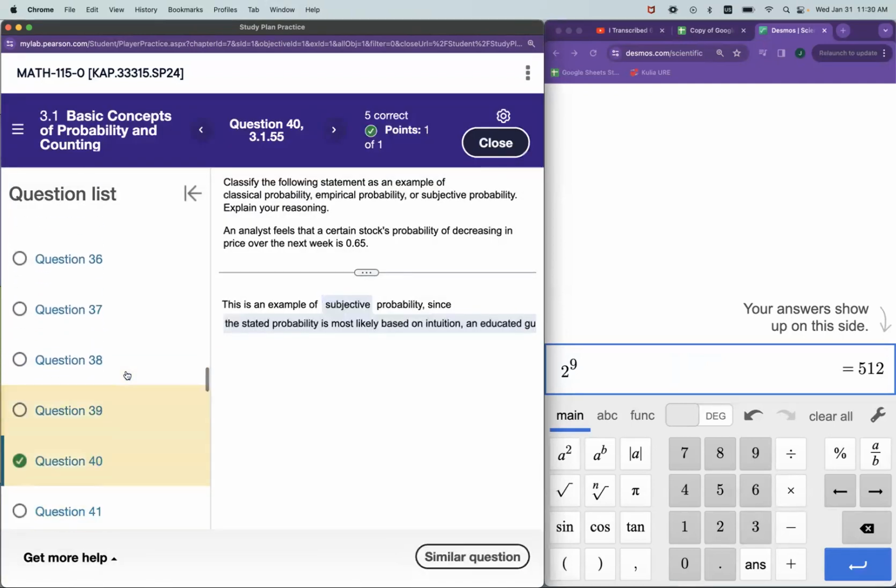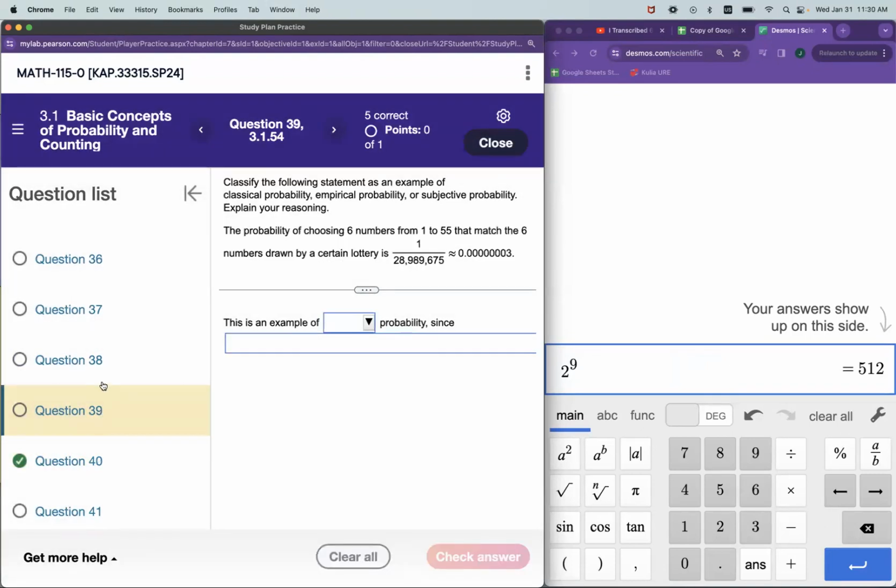Let's try another one. Let's look at what's right before it. Because I don't like those subjective probability questions. I think that's kind of silly to even mention, almost. Classify the following statement as an example of classical probability: the probability of choosing 6 numbers from 1 to 55 that match the 6 numbers drawn by a certain lottery is 1 out of 28,989.